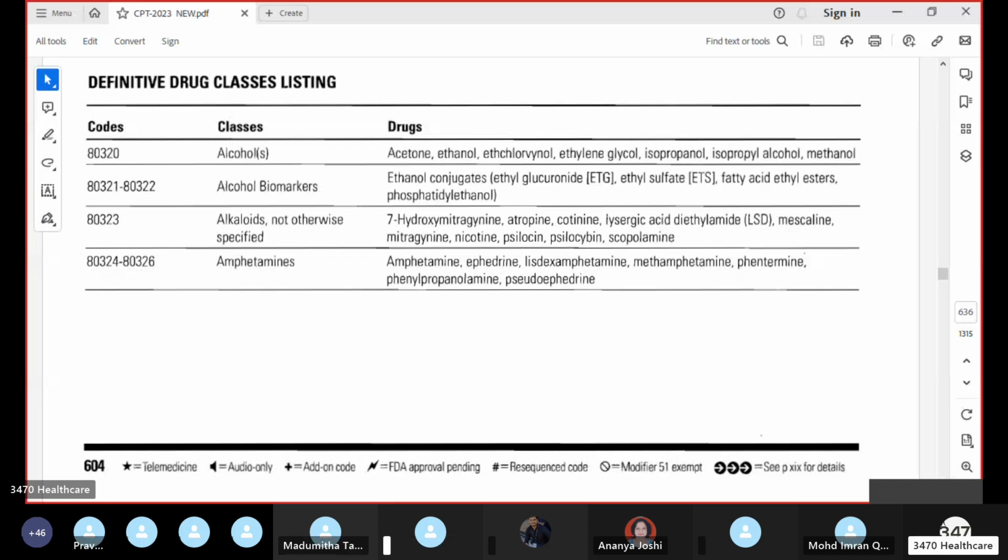Alcohols, yes, correct. So your code is 80320. While checking the drugs, see what class it falls under, and then check the code. So 80320, I selected this.